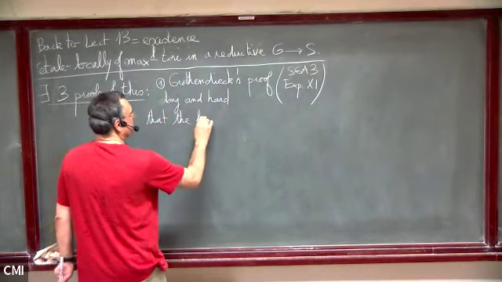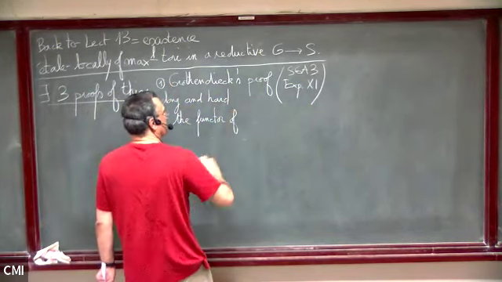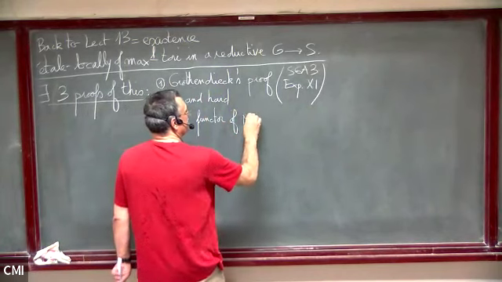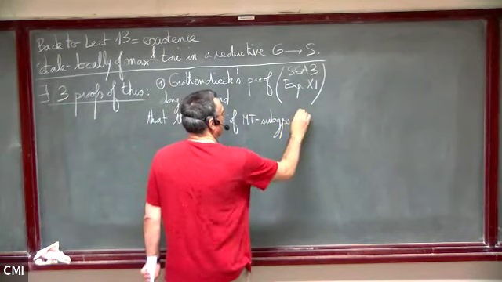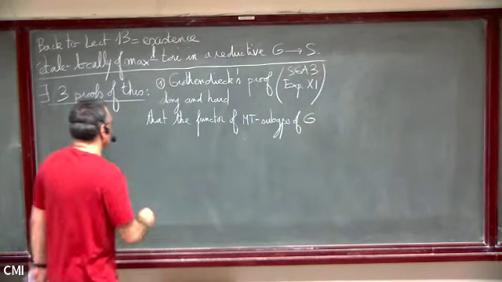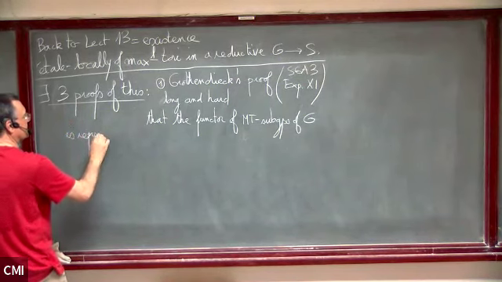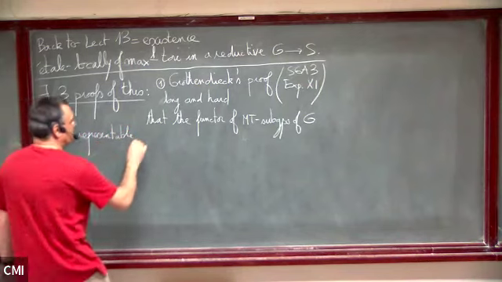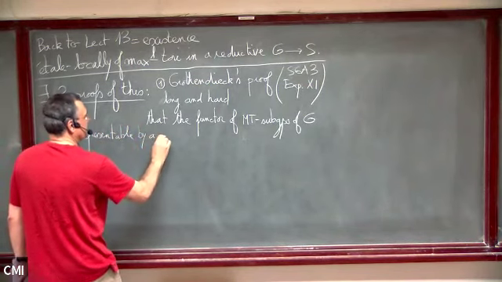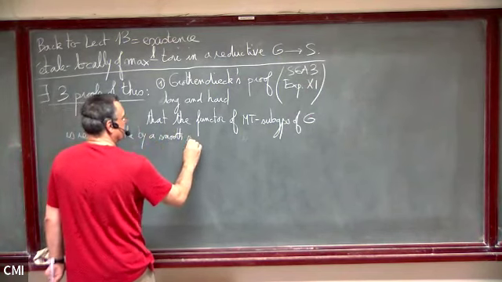And the proof is that the functor of subgroups of G is representable by a scheme.